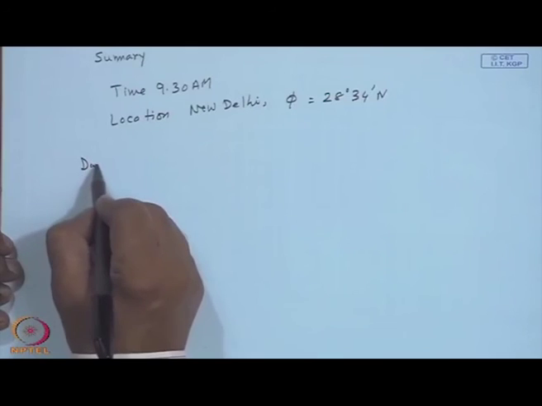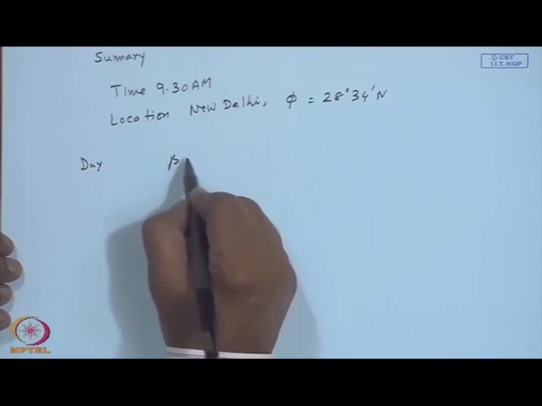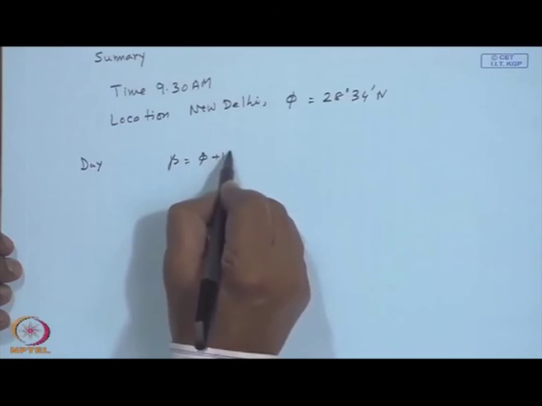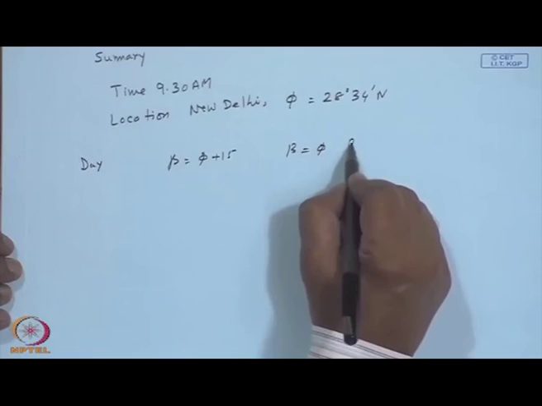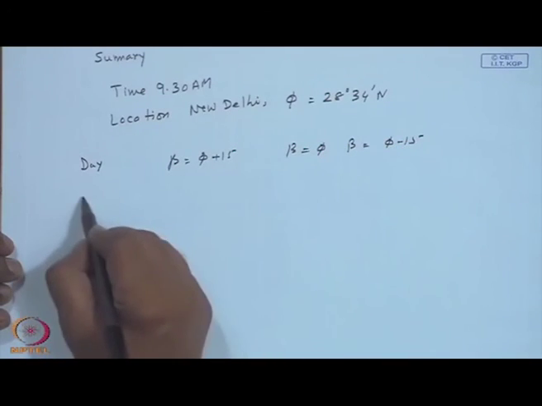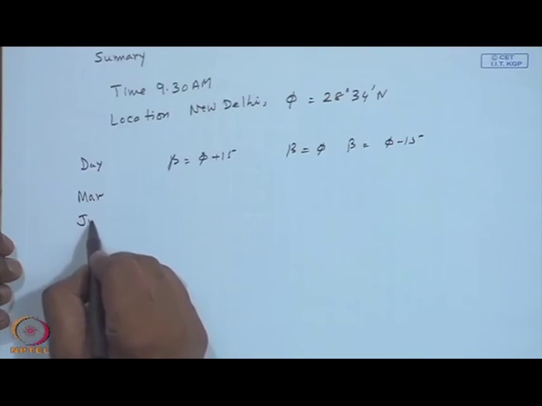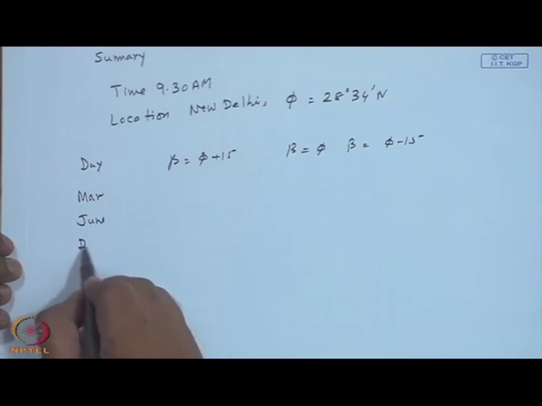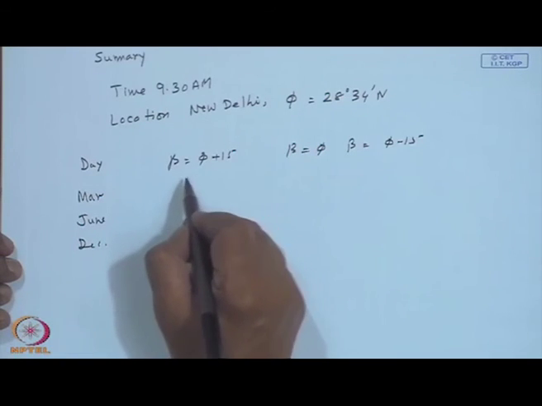So, day and corresponding to beta is equal to 5 plus 15, beta is equal to 5 and beta is equal to 5 minus 15. March, June, December, the corresponding maximum declination or 0 declination.